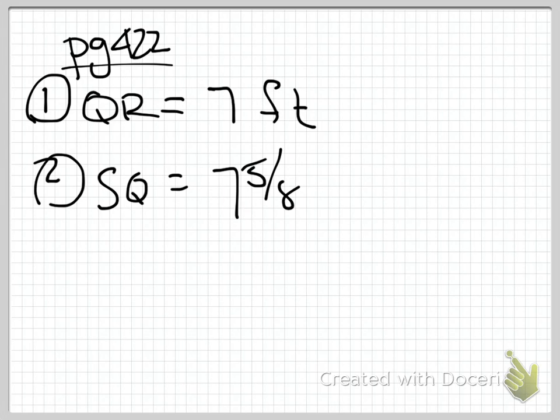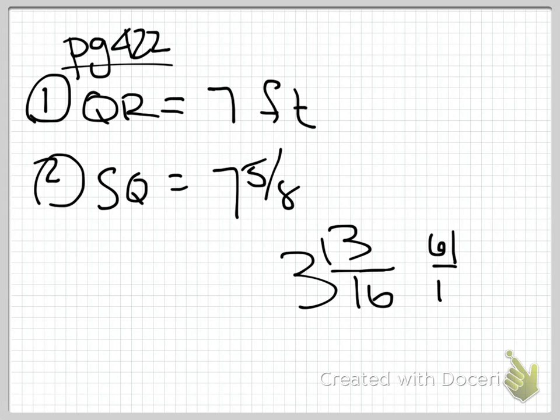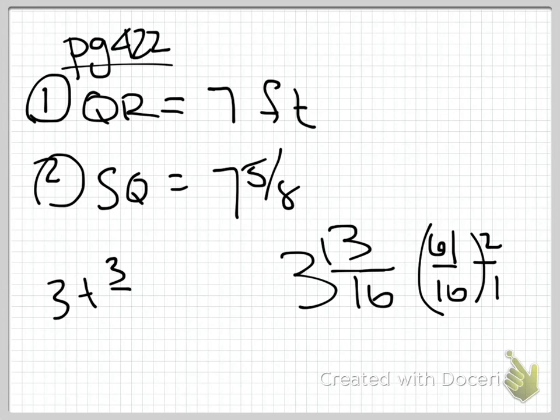How many people would go, okay, 16 times 3 is 48 plus 13, so that would be 61/16, and type it in the calculator, then times it by 2? Would you agree that 3 and 13/16 is equivalent to 3 plus 13/16?